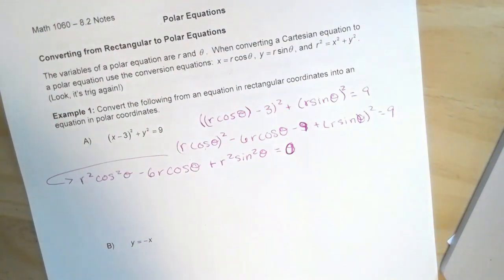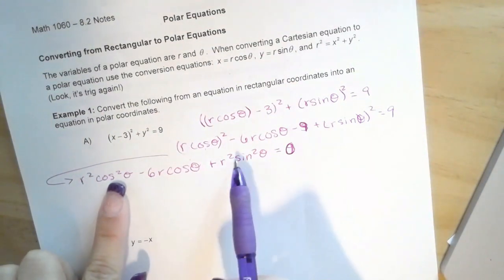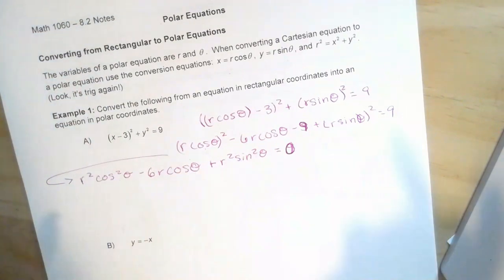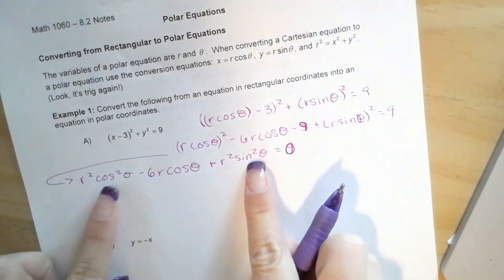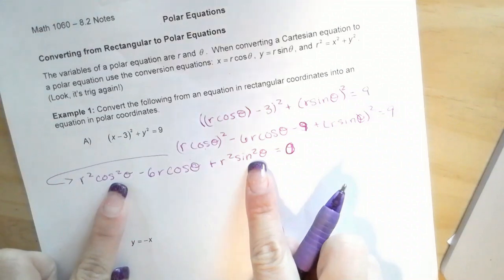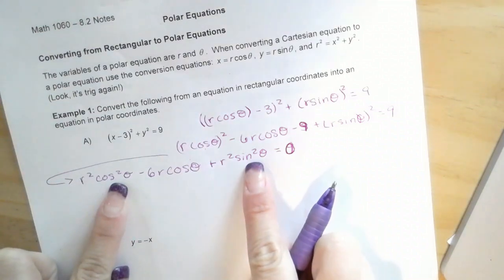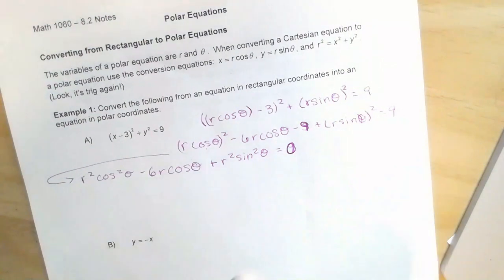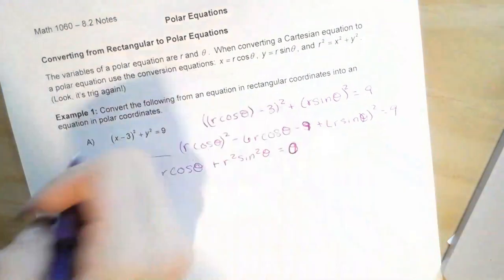Alright, remember the goal is in the long run to get r by itself. Well, let's see what I can do here. I'm going to rearrange this and put these two closer together, because there is a connection between cosine squared and sine squared. If you remember that identity, when you add those two together, it gives you the value of 1.